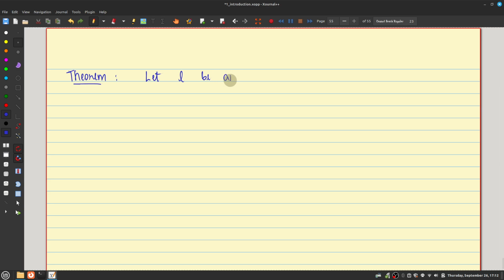So let L be any loss function that is bounded between 0 and 1. This bound can be arbitrary, but I'm just fixing it to be 0 and 1 so that I don't have any other unnecessary constants. Okay.